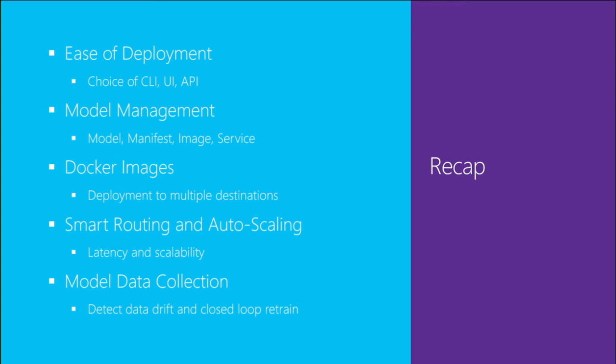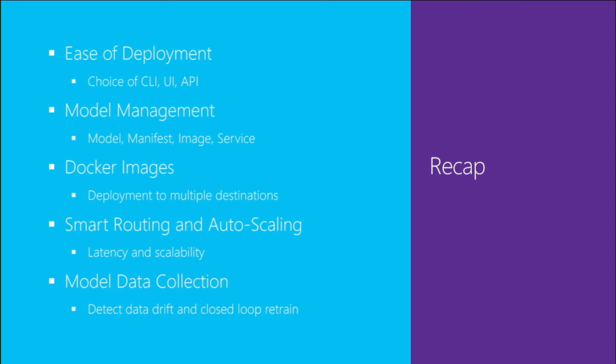That was it, a quick recap of everything that we talked about. You saw the ease of use of deployment, this time through the CLI. We give you the choice of either leveraging our command line interface or the model management UI that you saw. We also have APIs that we provide to conduct the same operations in an automated way.